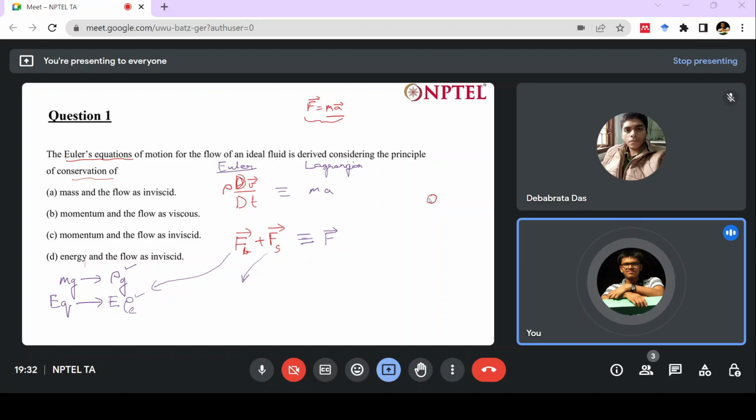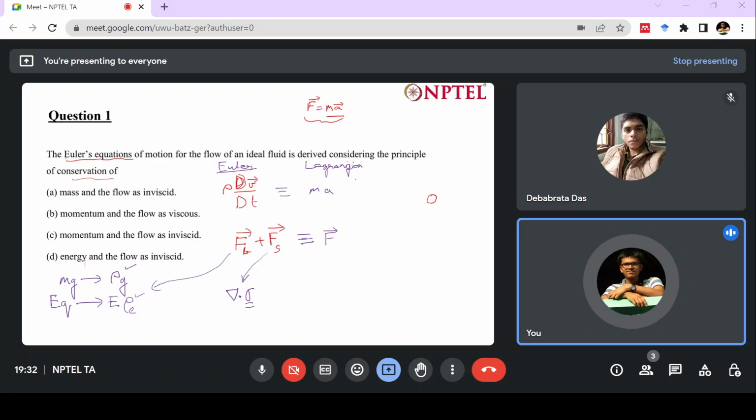So this is basically the traction force. How will that be represented? It can be represented like this. This is the traction force vector on each surface. Sigma is the stress tensor.